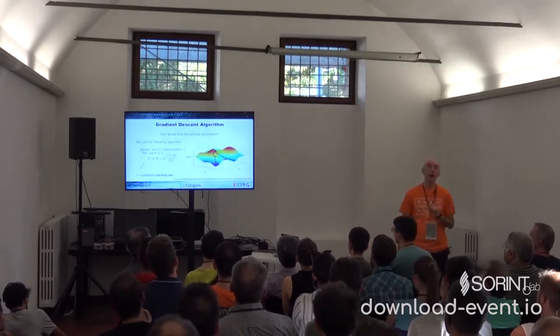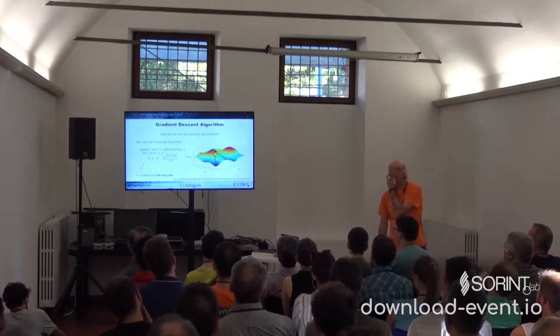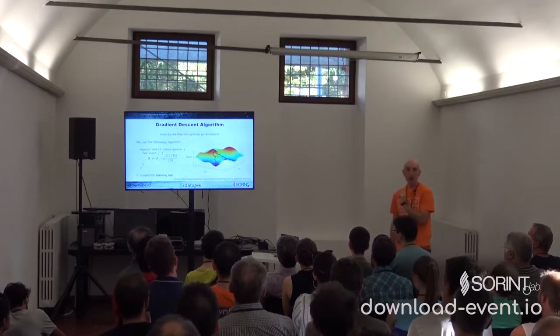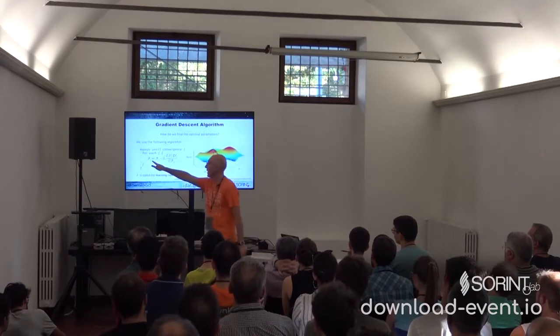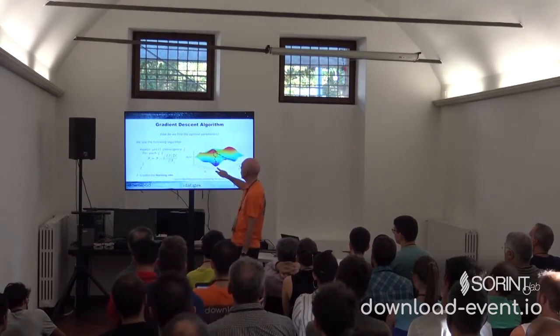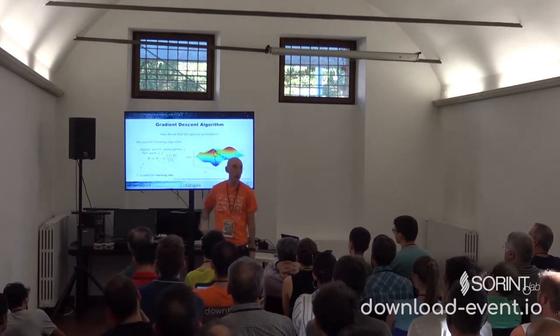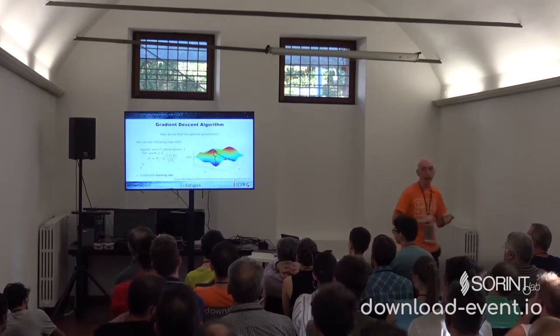How do we find the optimal weights? Well, we use this algorithm, gradient descent, which is the simplest one. Basically what it does, it keeps updating the weights, theta, until we reach a minimum, a local minimum of our cost function, J, the distance between prediction and actual values.